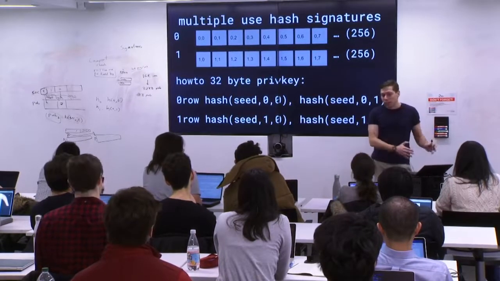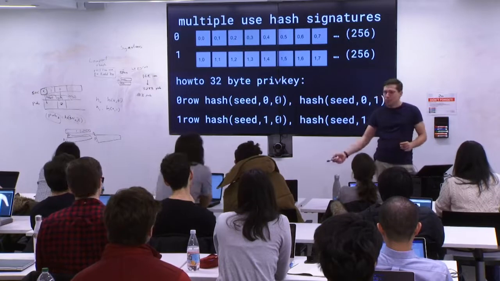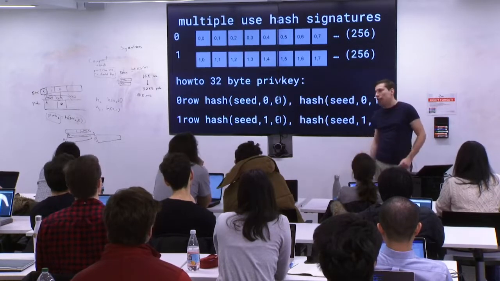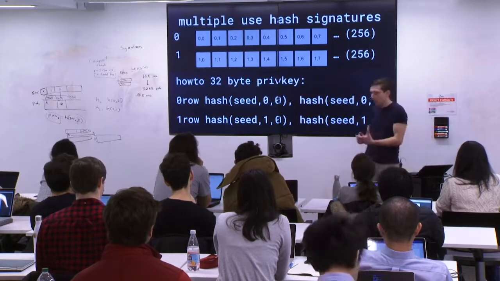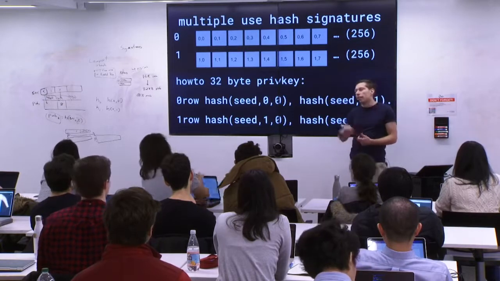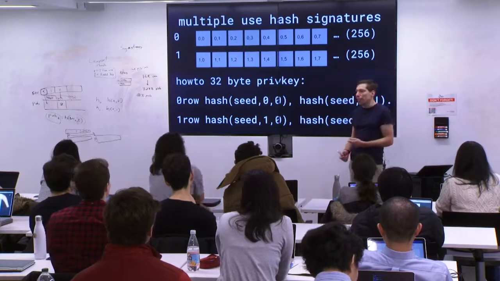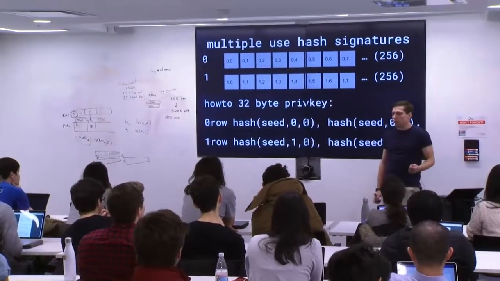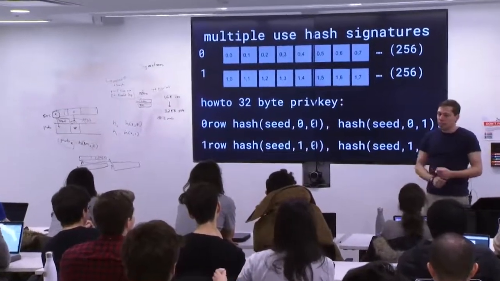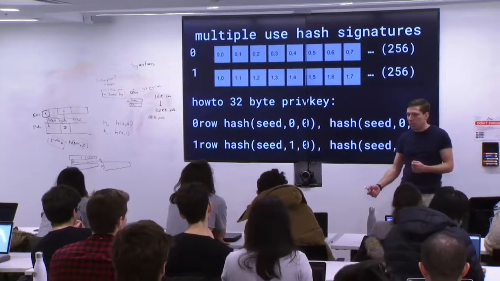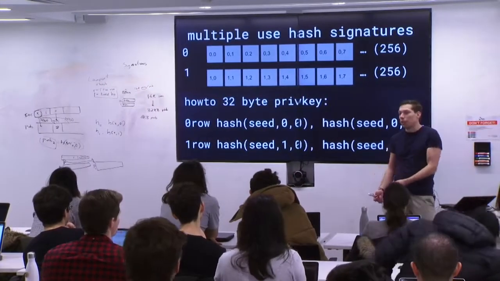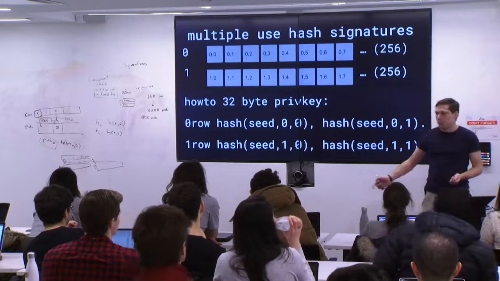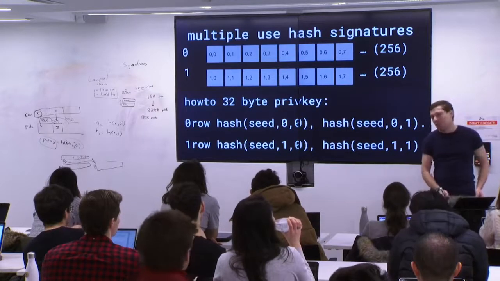So I'm signing something and also indicating what my next public key will be. Then I can still maintain a small private key and keep signing. The problem is, in order for someone to verify, they're going to need to look at all of my previous signatures. If I'm saying, here's my 500th public key that I'm signing with, here's the message, you're going to have to go back and look at my entire history of signing, which is not great.